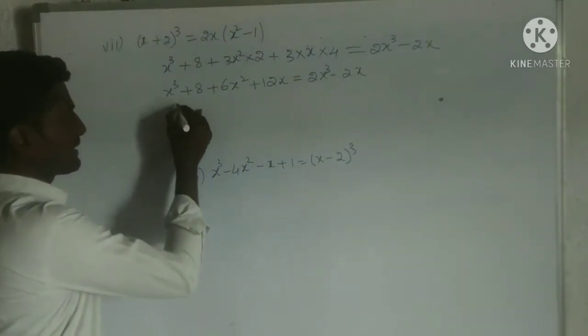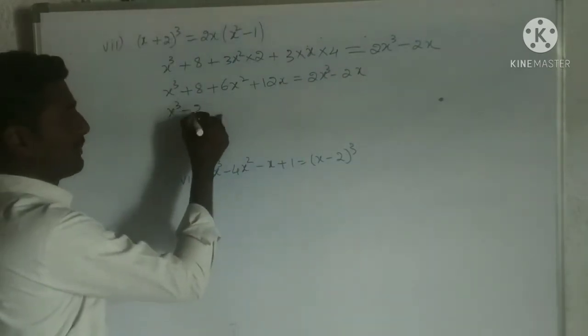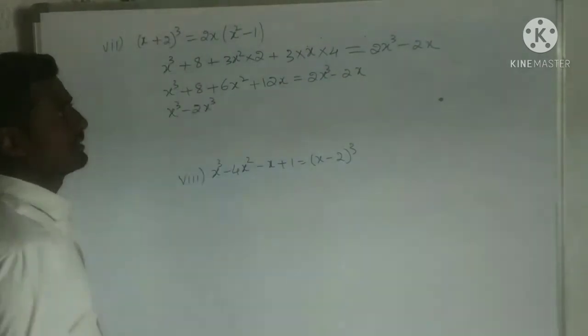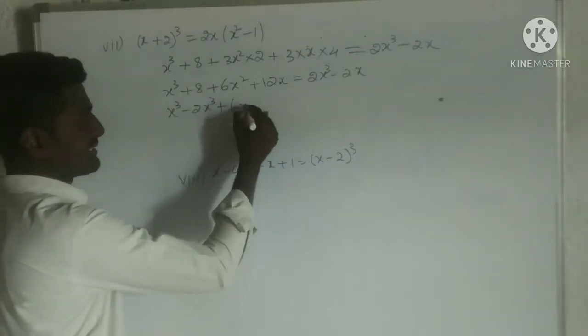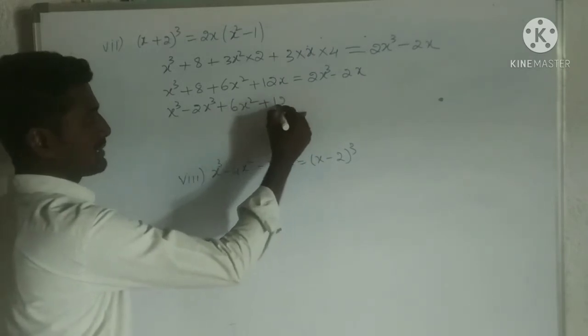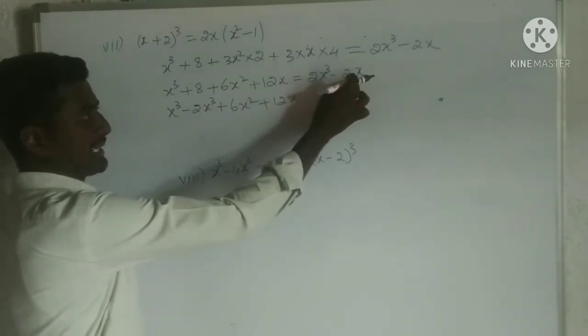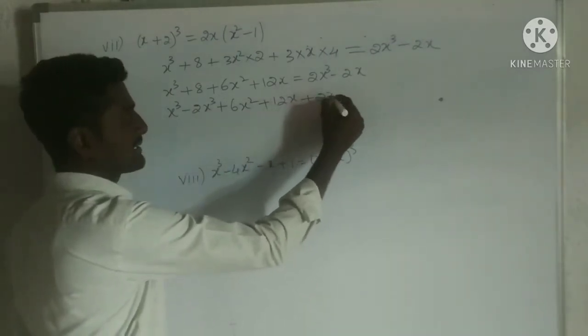x cube is there, x cube as it is. This plus 2x cube will become minus 2x cube. Then plus 6x square is there, plus 6x square, plus 12x is there, plus 12x. Now we'll take this minus 2x to the left side. It will become plus 2x.